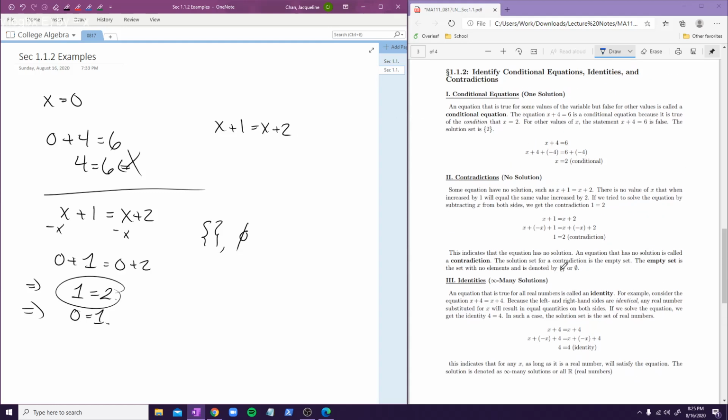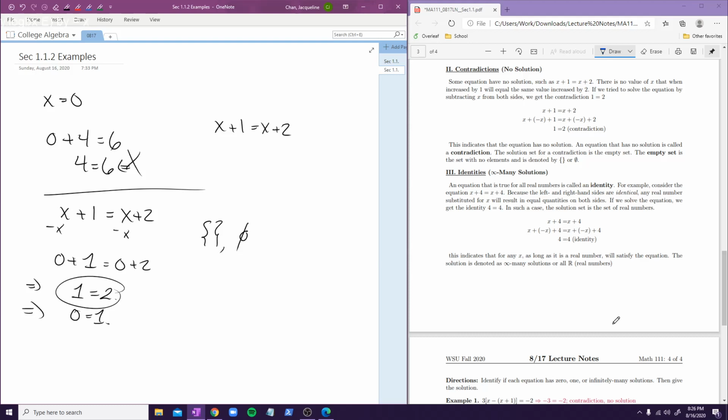And lastly, the third option we can have when solving linear equations is an identity. An identity means that there are infinitely many solutions. It means that the equation is true for all real numbers. This one is more straightforward because we get x plus 4 is equal to x plus 4.